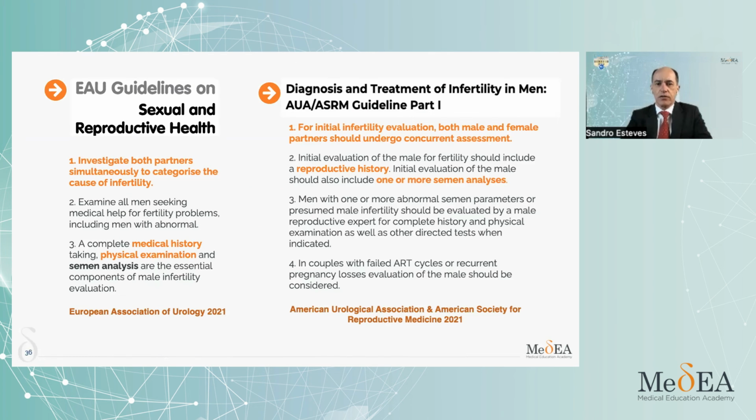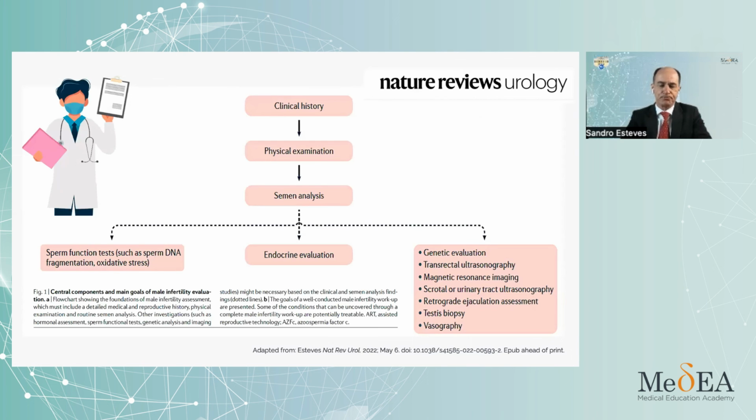Additionally, female factors also adversely affect a couple's fertility potential. This is why a simultaneous assessment of both partners is required to determine the fertility potential of every couple, and the most recent clinical guidelines have stressed this essential knowledge.